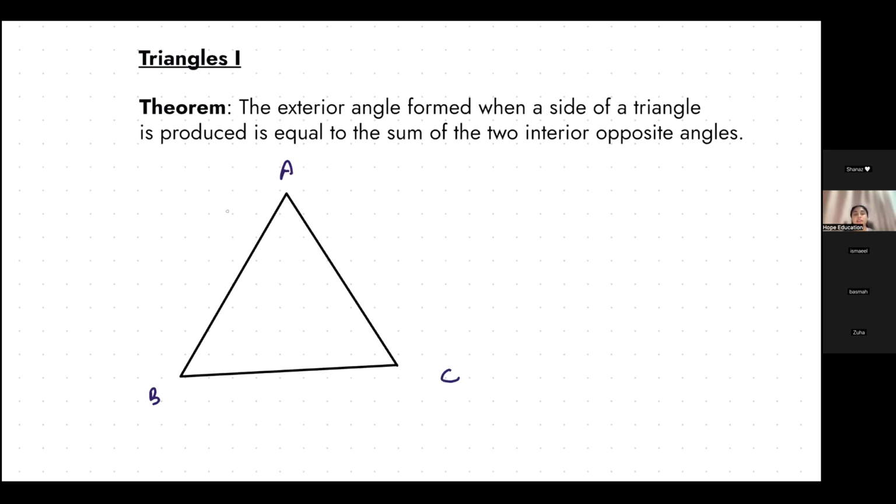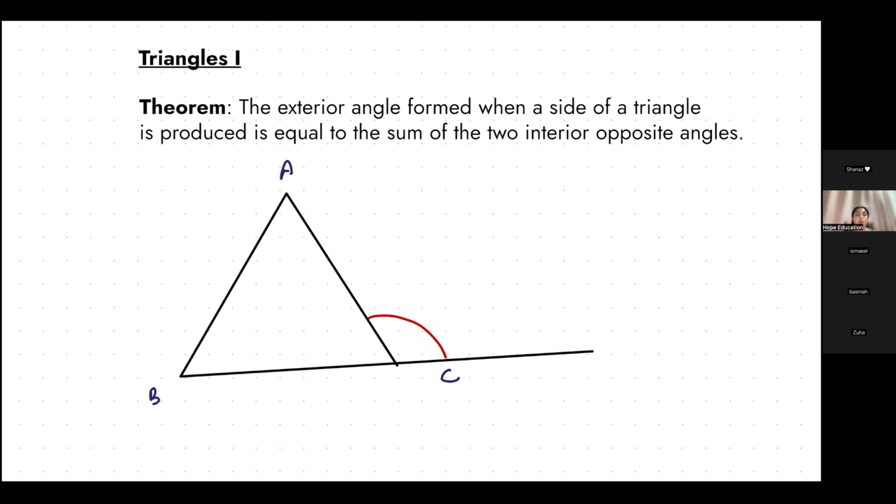Now, an exterior angle means when you extend or produce one side of a triangle. For example, let's say the side BC. If I produce or extend it like this, the angle that it produces is an exterior angle.